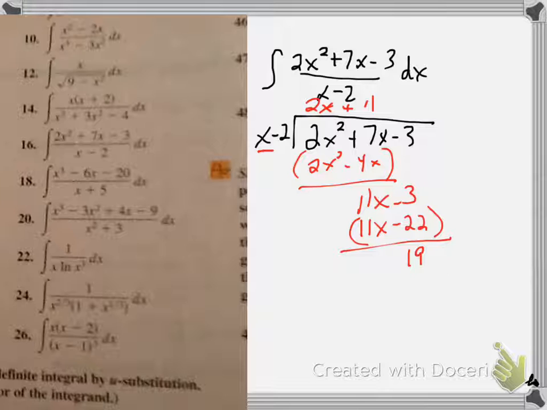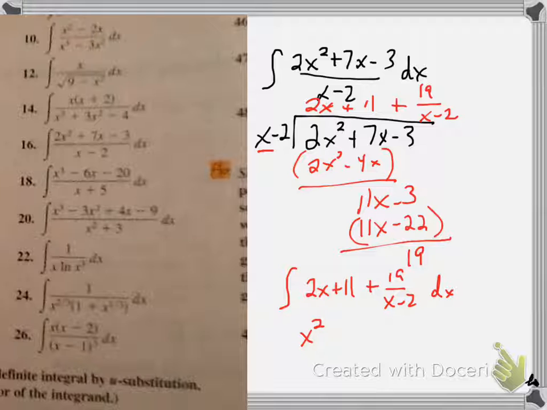The key is that you write your 19 as a remainder and not keep dividing. So we're really taking the integral of 2x plus 11 plus 19 over x minus 2. It's not a u substitution. The integral of 2x is x squared.